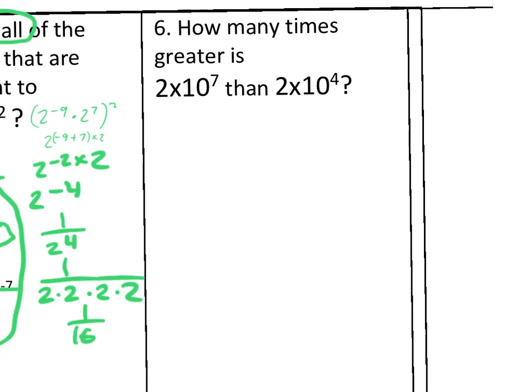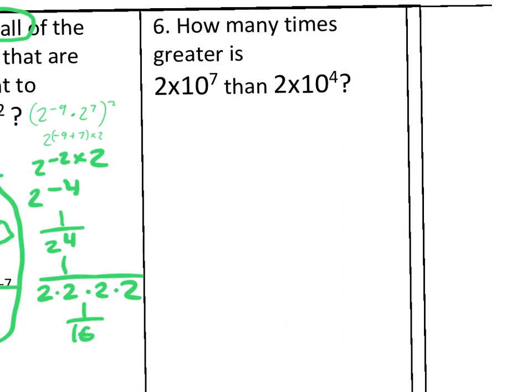Last one, number 6. How many times greater is 2 times 10 to the 7th than 2 times 10 to the 4th? This problem today is actually written correctly, so we can go from there. It's fine. All right. Well, what we need to do is write it out.